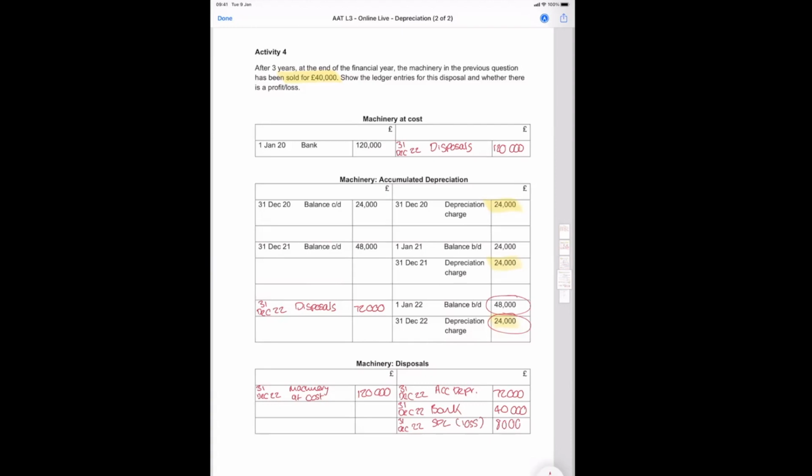And it works the same the other way around. If we make a profit on a disposal, it means that we've overcharged ourselves depreciation in the previous years. So it's not all about, you know, oh, we made a profit on this disposal, that's brilliant, because actually you've given yourself a little bit more of a loss in the previous years. That's why it's important to try and be as close to zero as possible without too much of a significant effect.